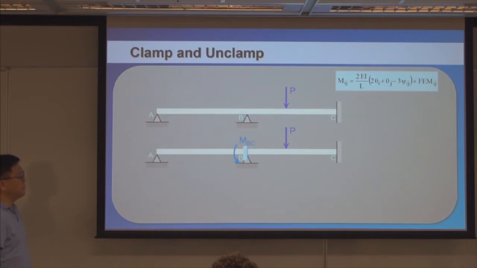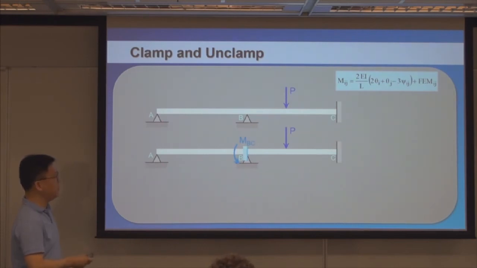This is what we can do. We can assume that at joint B, the boundary condition is clamped. With the external load applied at component BC and assuming clamped boundary conditions, we can calculate this MBC.